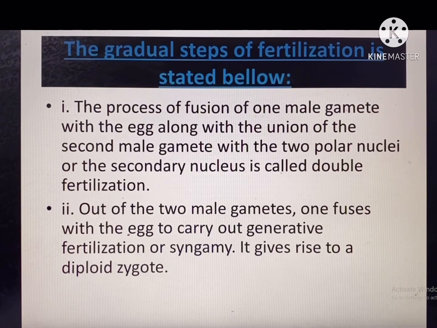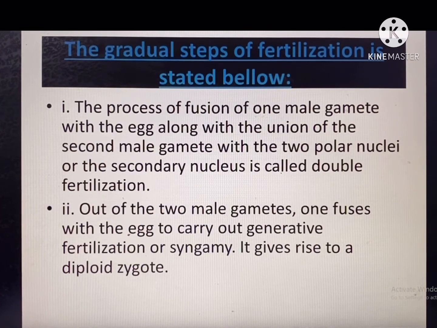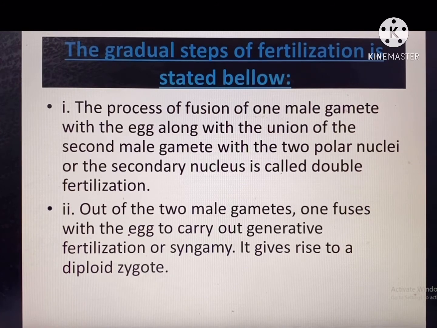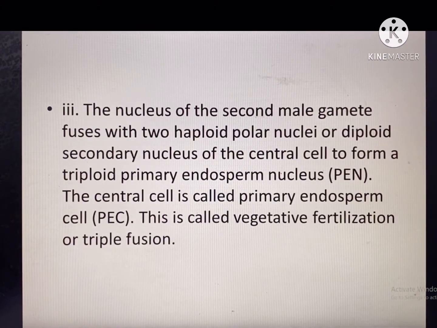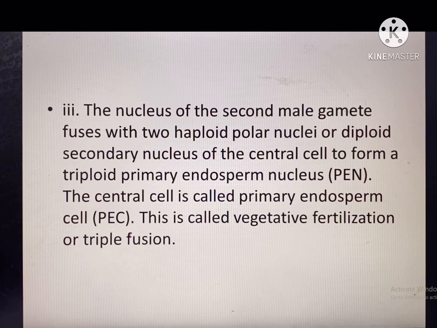However, the second point indicates that out of the two male gametes, one fuses with the egg to carry out generative fertilization or syngamy. It gives rise to a diploid zygote. Number 3, the nucleus of the second male gamete fuses with the two haploid polar nuclei or diploid secondary nucleus of the central cell to form a triploid primary endosperm nucleus, or PEN.